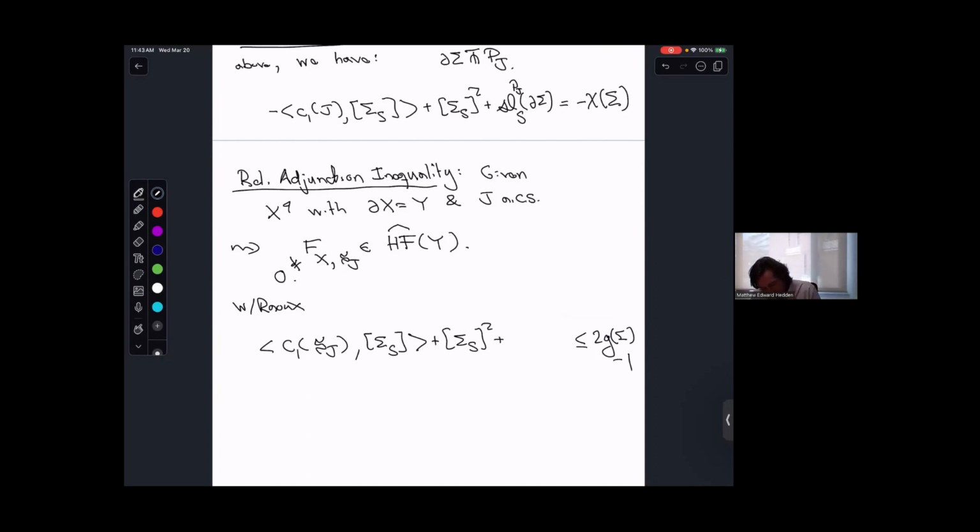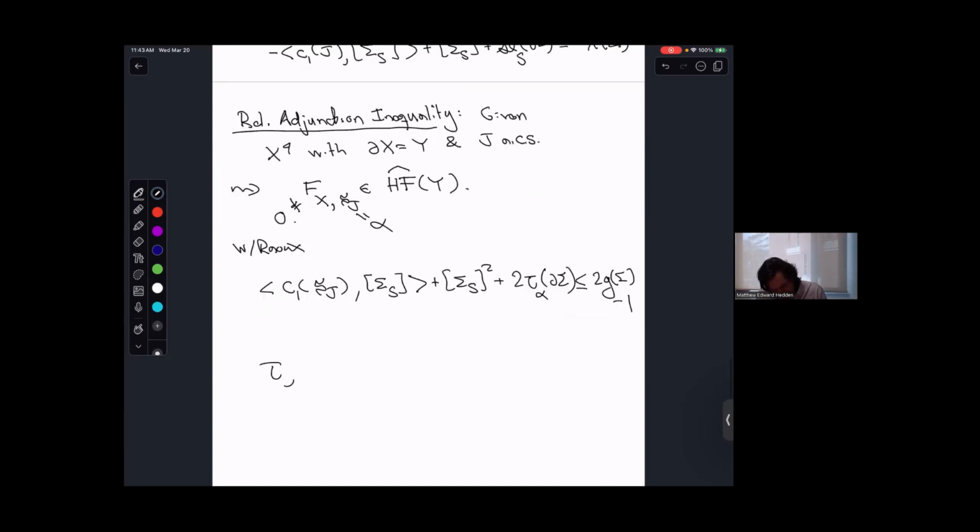But we proved that we have an adjunction inequality of this form, but there's a correction coming from a numerical invariant. This invariant here, maybe I should call this alpha, is the relative invariant of that four manifold in spin C structure. And to any Floer homology class in any three manifold, I can define a number.